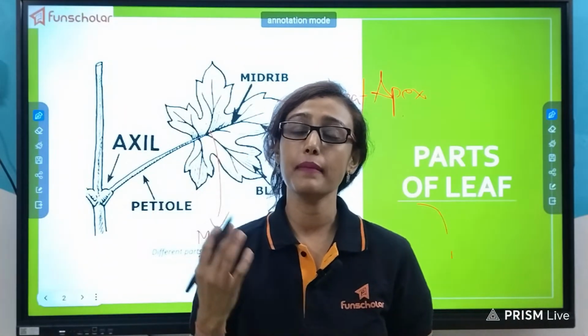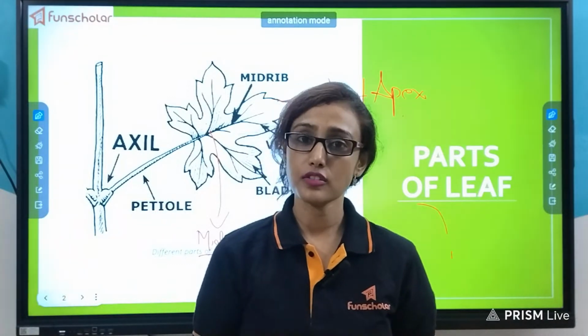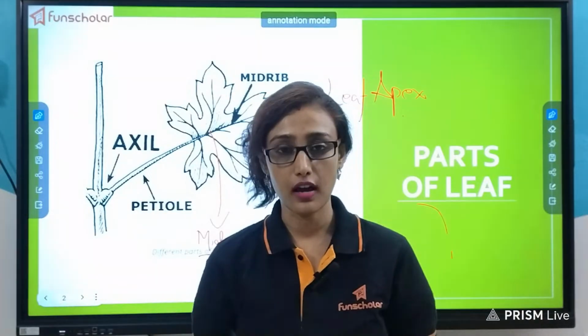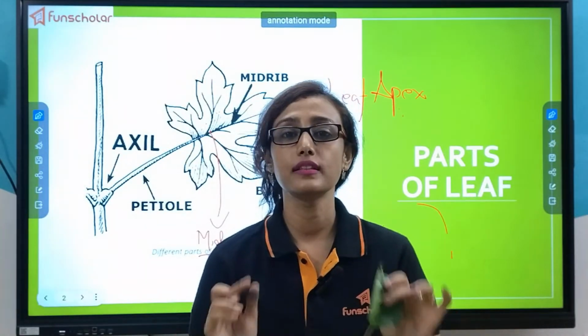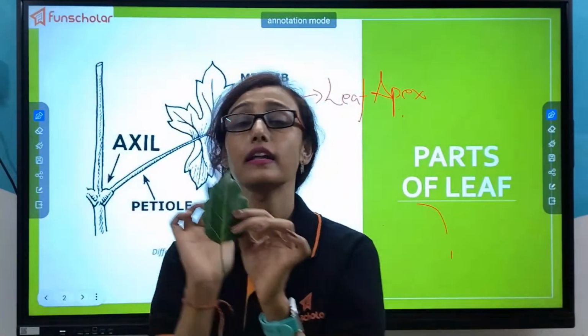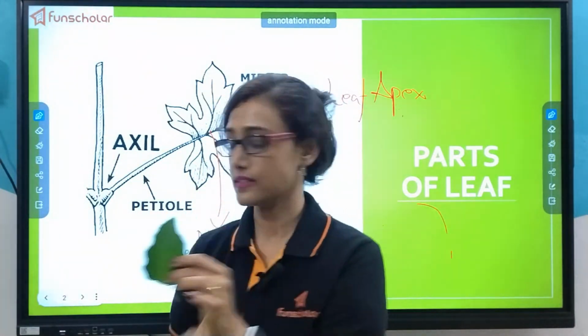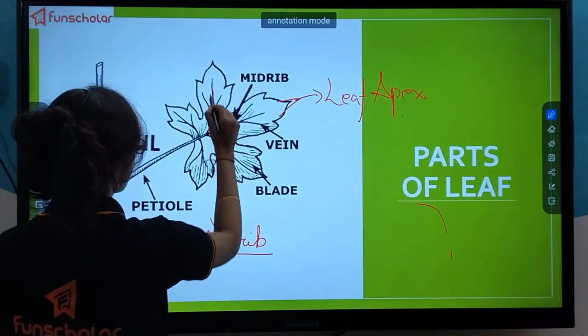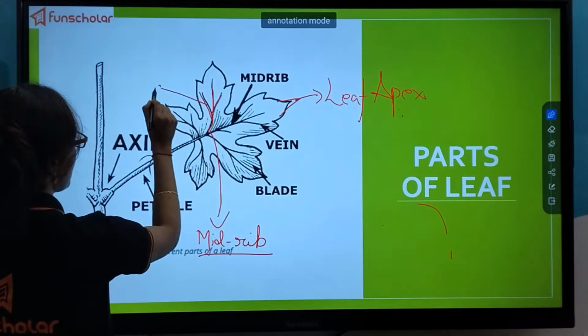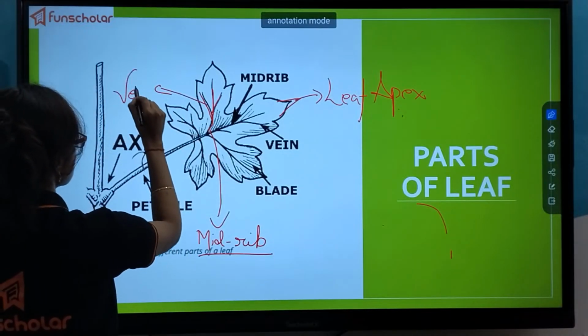It is being made by the nature to transport water, minerals, nutrients, gases, etc. The same thing happens with this plant. That is why they have veins. So these portions which are coming out from the midrib are known as veins.